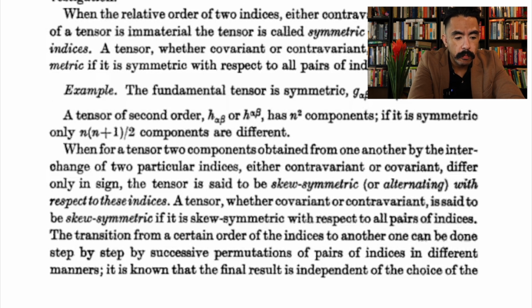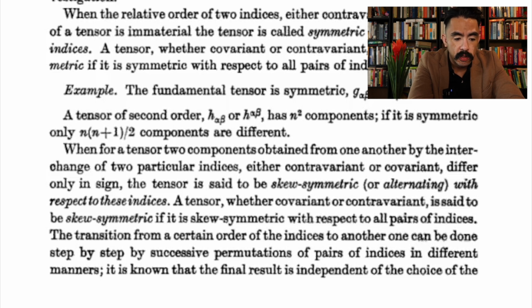When for a tensor two components obtained from one another by the interchange of two particular indices, either contravariant or covariant, differ only in sign, the tensor is said to be skew symmetric or alternating with respect to these indices. A tensor, whether covariant or contravariant, is said to be skew symmetric if it is skew symmetric with respect to all pairs of indices. The transformation from a certain order of the indices to another one can be done step by step by successive permutations of pairs of indices in different manners.